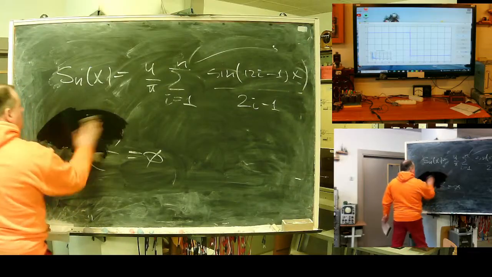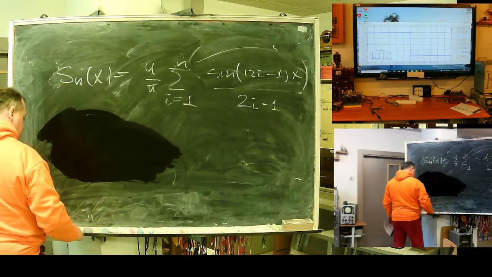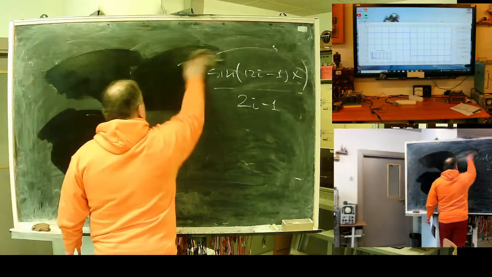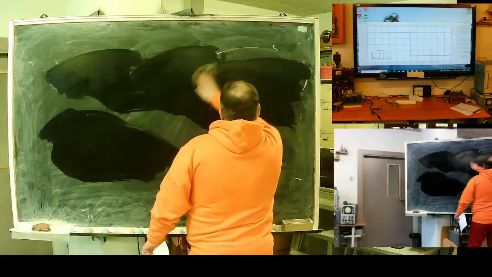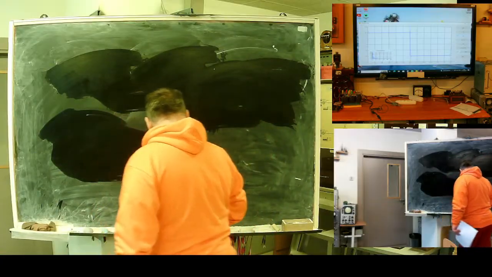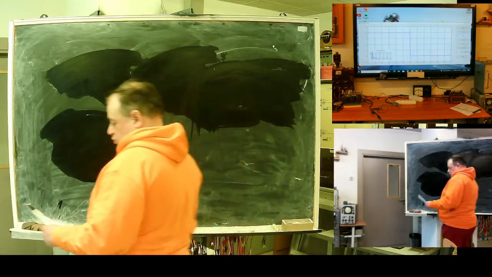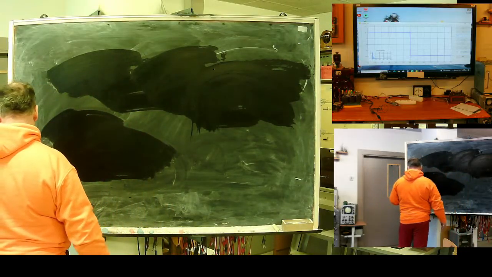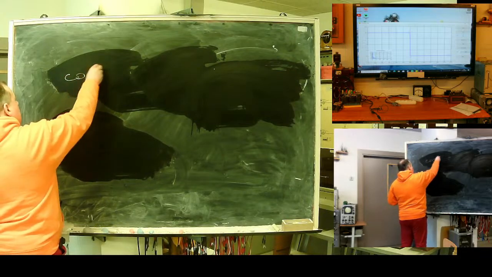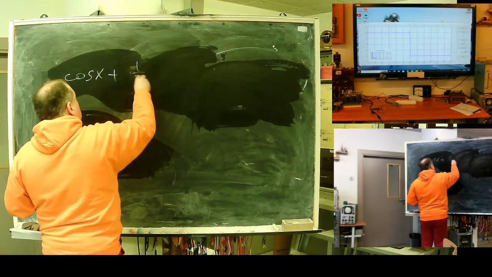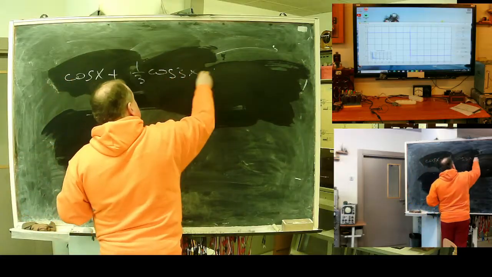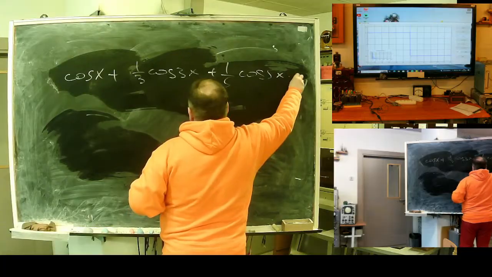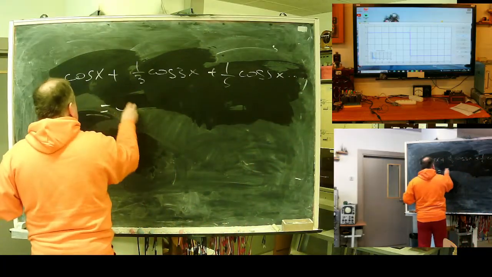One small problem. We need to solve an equation like cosine x plus 1/3 cosine 3x plus 1/5 cosine 5x and so on equals 0.